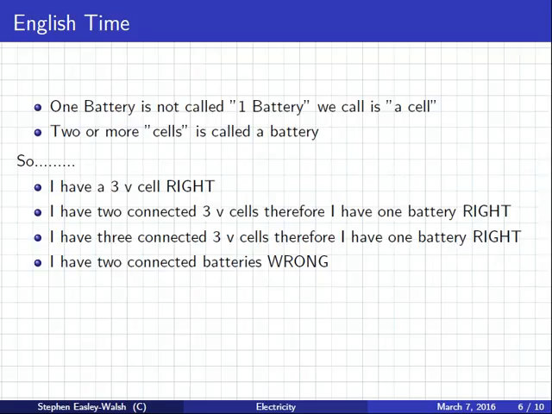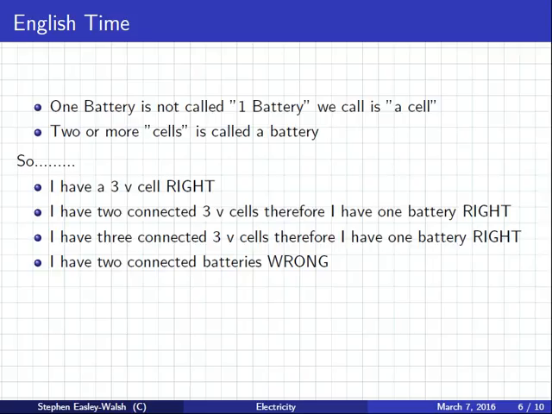This is the unfortunate use of English, because in your laptop, or your phone, or radio, you might say it takes 6 batteries. Well, yeah, it does, because what you buy in the shop is called a battery. It's just a different meaning here.